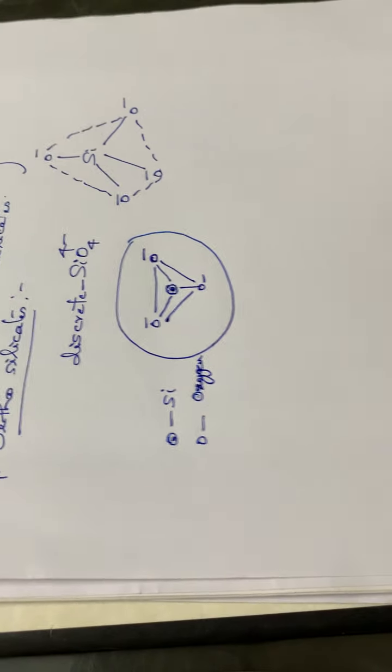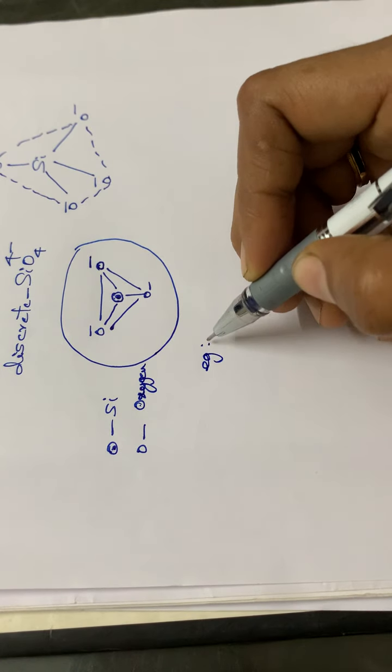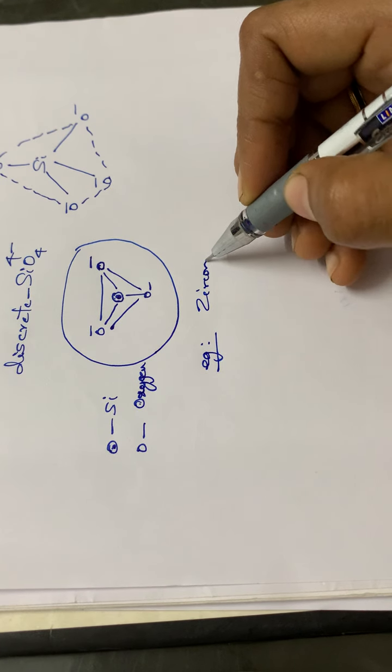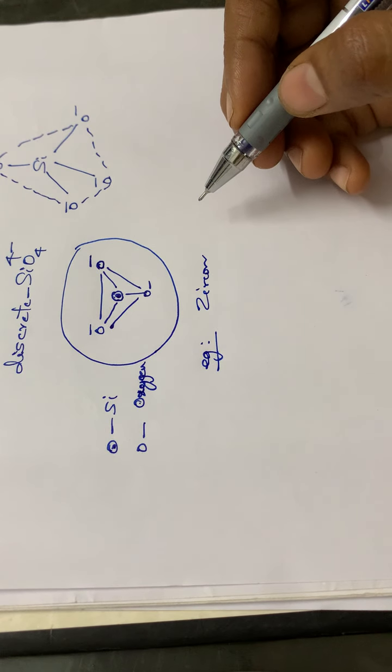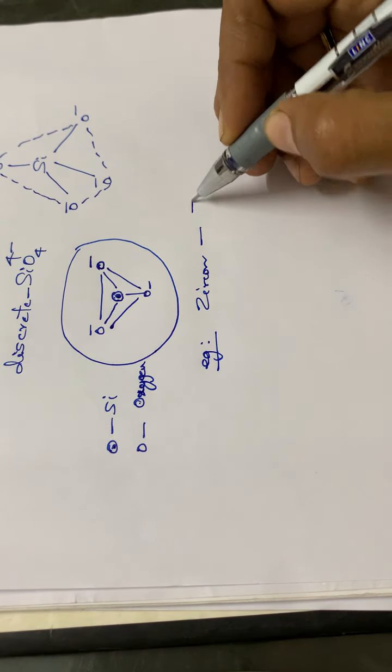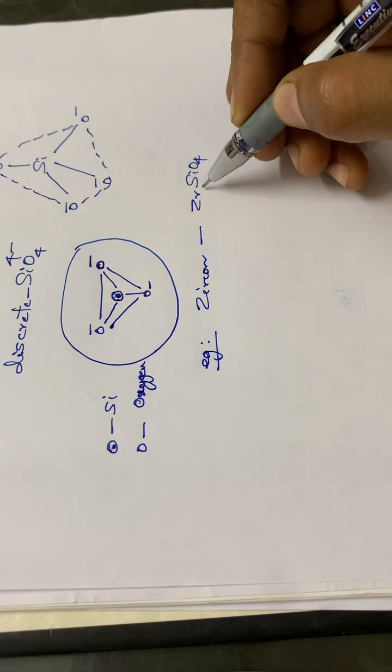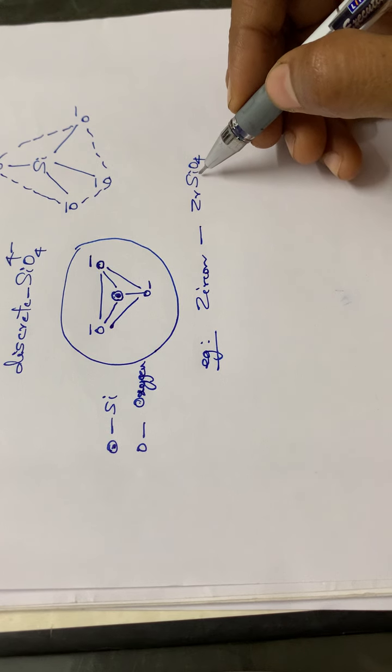Going to the examples, the first example is zircon. We usually hear of zircon. The formula is ZrSiO4; Zr is zirconium, so it is zirconium silicate.